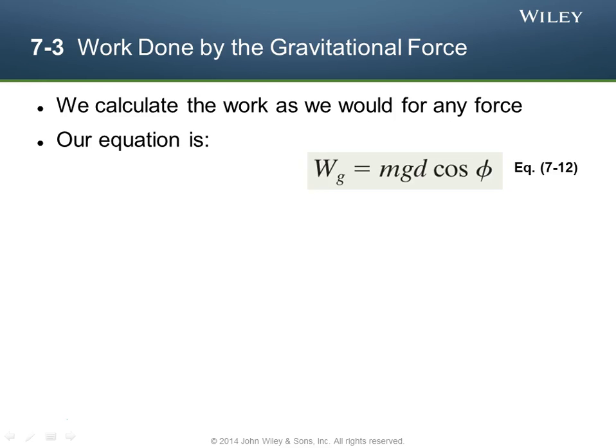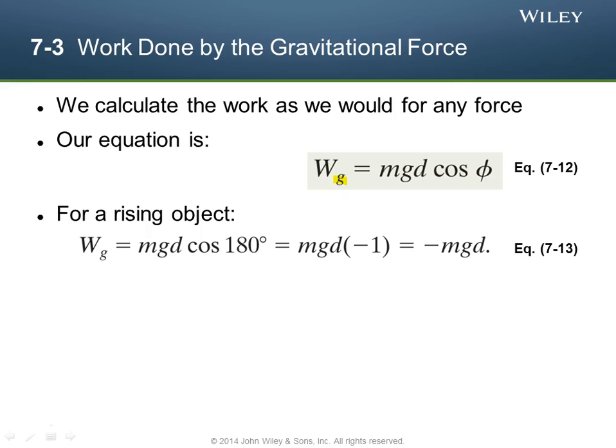We know that our gravitational force is going to be the mass times little g. So the work done by gravity, that's why we have work subscript g, is going to equal mg times the displacement times cosine of the angle between them. So by doing that, looking at an object that is rising in the air, the work done by gravity.